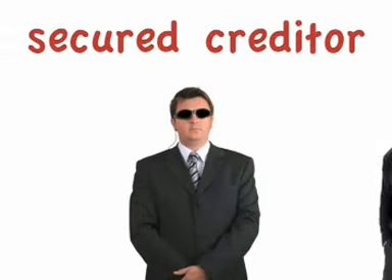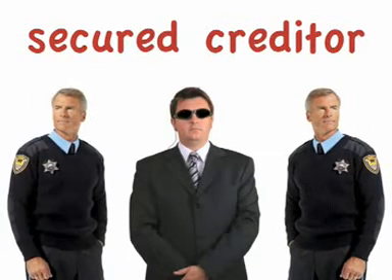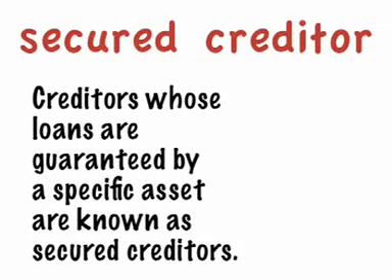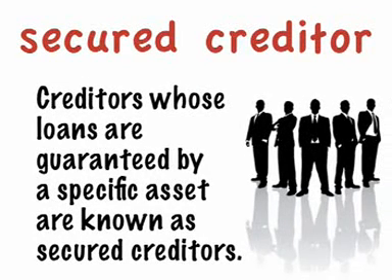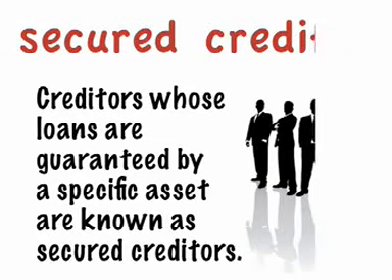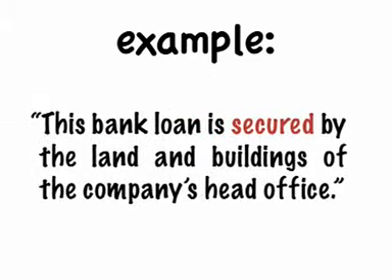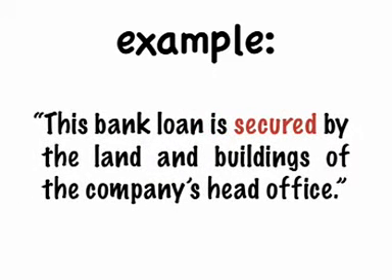Secured creditors. Creditors whose loans are guaranteed by a specific asset are known as secured creditors. This bank loan is secured by the land and buildings of the company's head office.